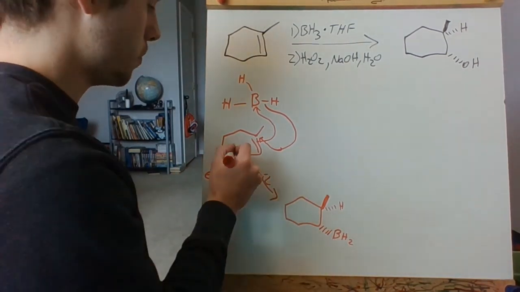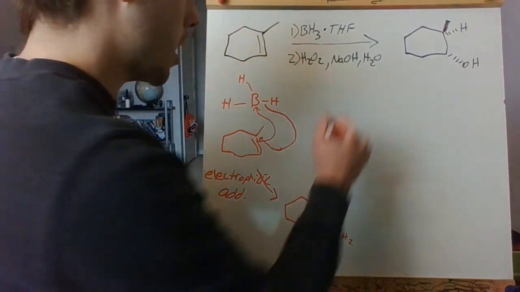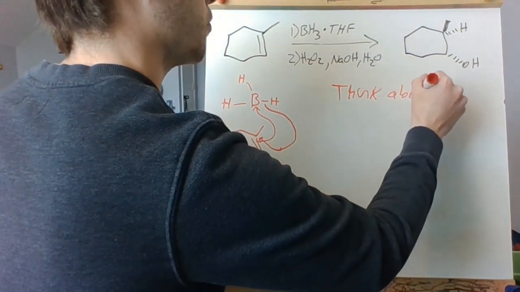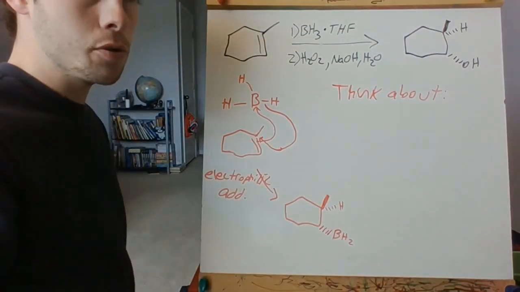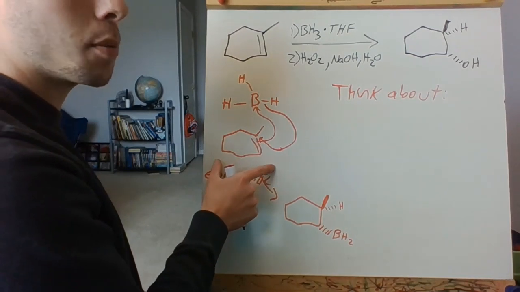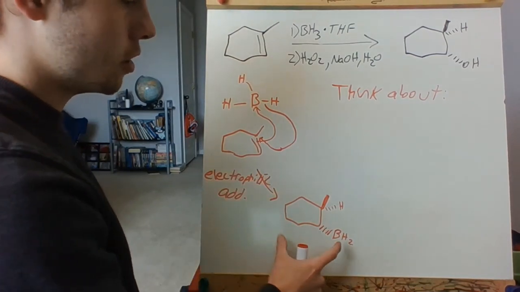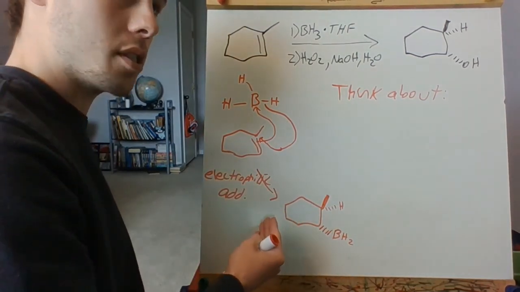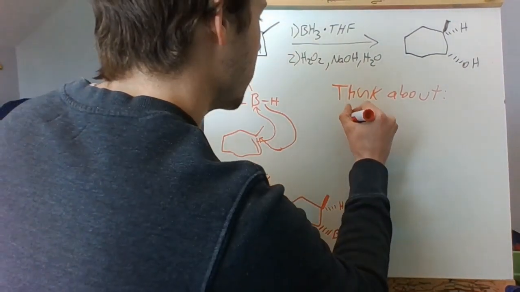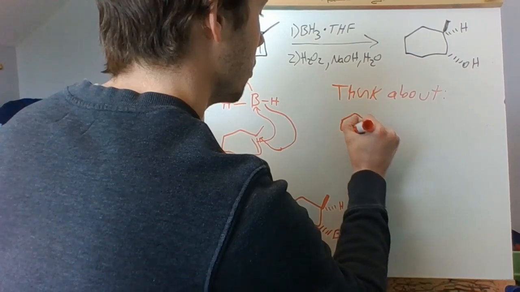But let's first think about the best way to think about this reaction step, even though it's not the correct mechanism. I think the best way to think about it is in a 2-step type of process, even though this is the actual mechanism and it's concerted, meaning that it happens all in one step, getting us to this point. But if you want to think about it like this, we take our alkene.